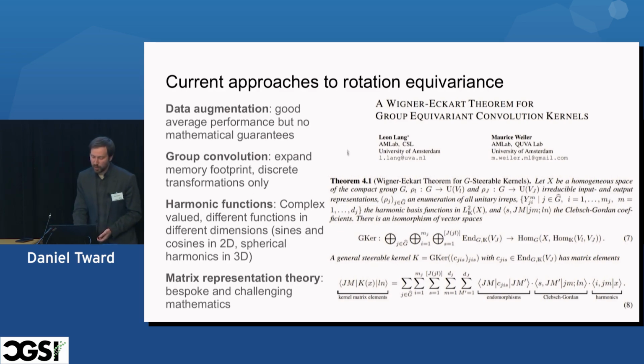So this is an example of an incredibly beautiful paper, a Wigner-Eckhart theorem for group equivariant convolution kernels. I think it's a beautiful paper, but the methods that they propose are quite challenging mathematically. And maybe this is one of the reasons why equivariance to rotations hasn't been adopted by the community to nearly as much of an extent as equivariance to translations has.